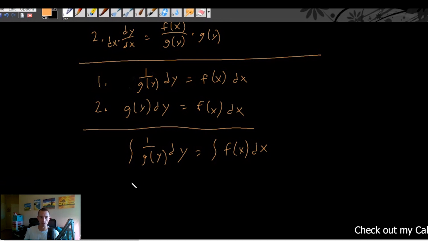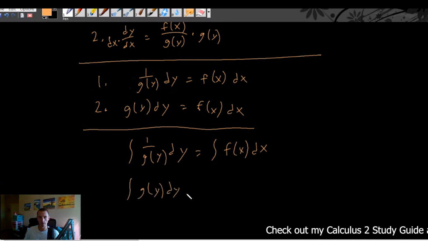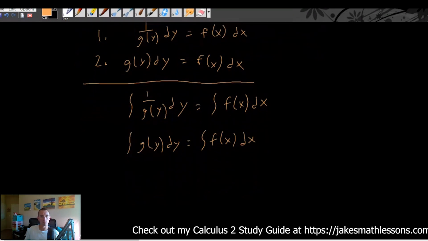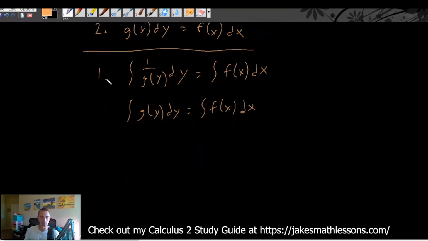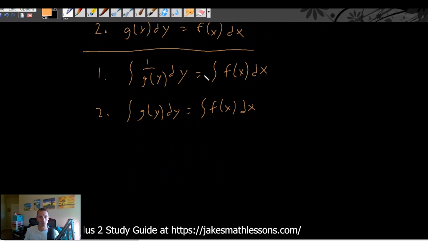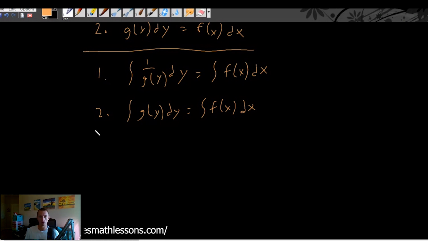And if we had this one down here instead, we'd have the integral of g of y dy equals the integral of f of x dx. Okay, so once you've thrown on your integral sign, since you've done the same thing to both sides of the equation, we haven't changed the fact that these two things are equal. Then from here, you would just integrate. So then your next step is to integrate both sides.